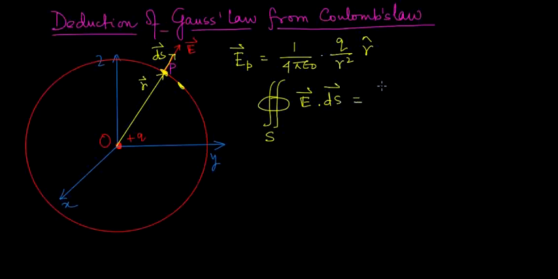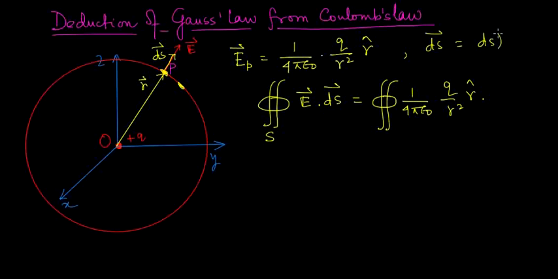So just plug in this value of E, which is 1 by 4 pi epsilon 0 q by r square times r cap. And what is ds vector? That is naturally ds times r cap. It will be radially outward. This we have discussed in the last lecture.